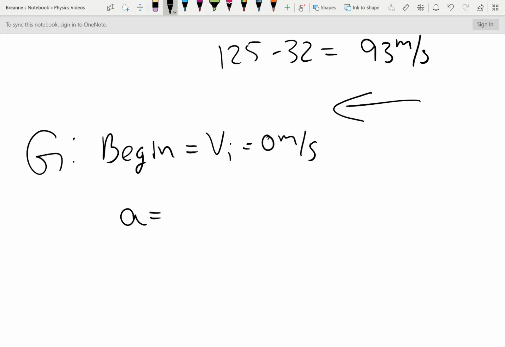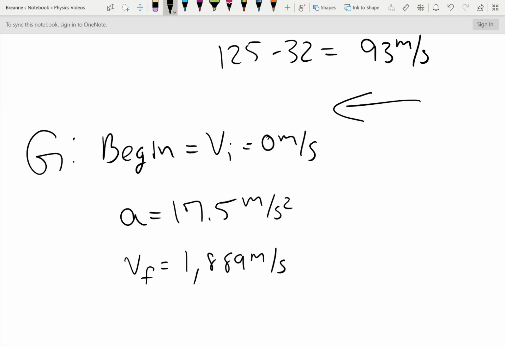So it just flat out tells you your acceleration. But the thing is down, right? It accelerates down and crashes on the Planet of the Apes with a final velocity of 1,889 meters per second.